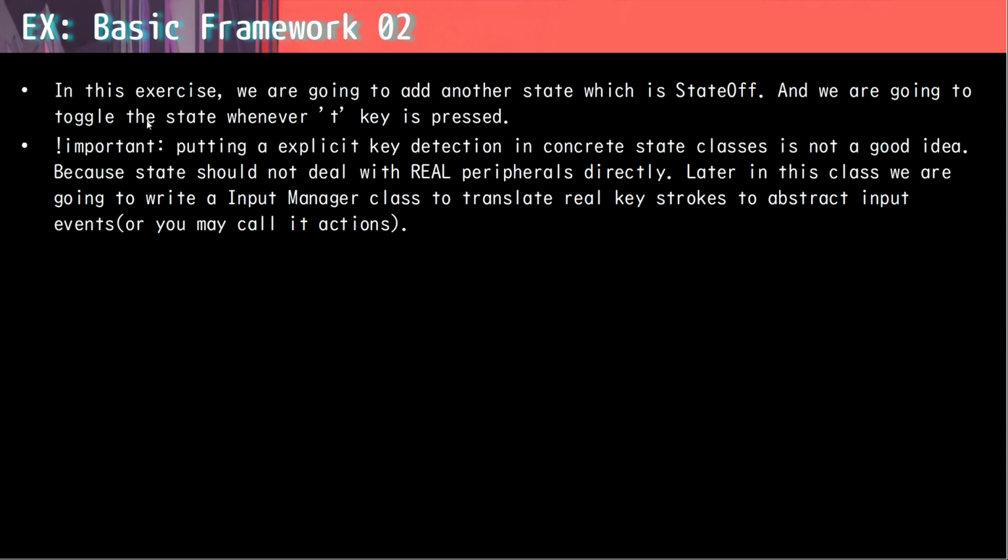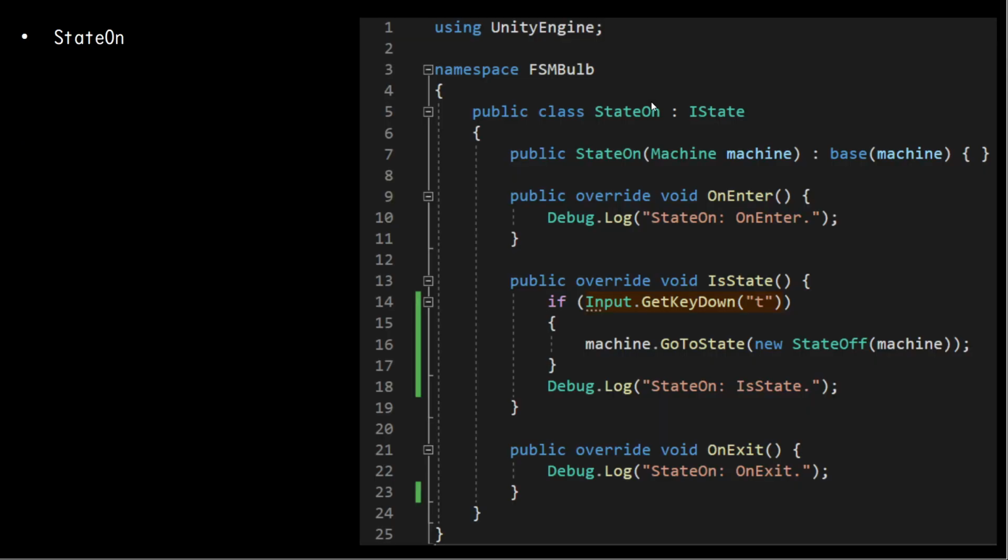And we are going to implement the state toggle by pressing the T key. Previously, we were toggling the verb by clicking the mouse button, but temporarily it's a little bit hard to do so. So we make a workaround. We just press the T key to toggle the state of a verb. That is really simple.